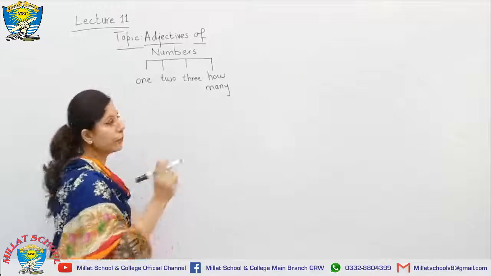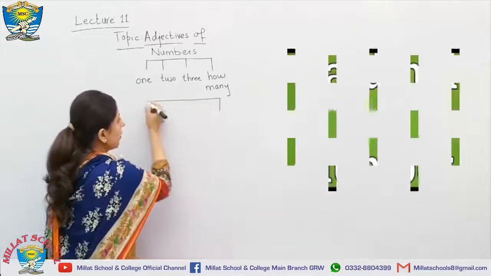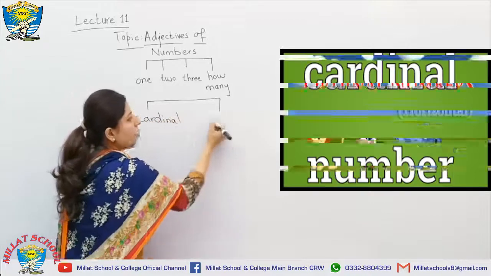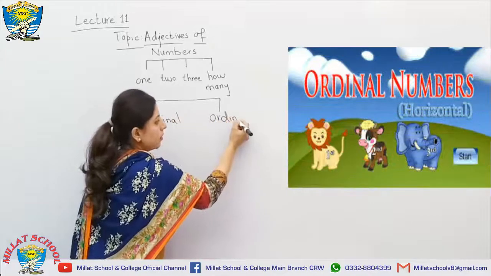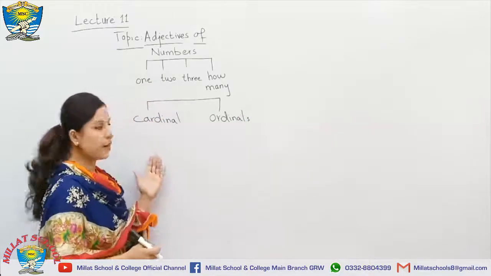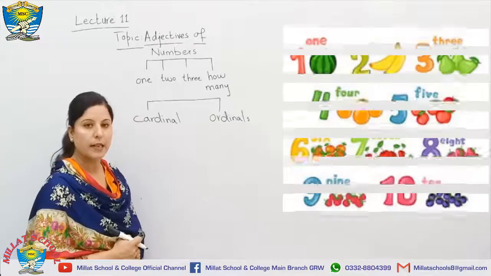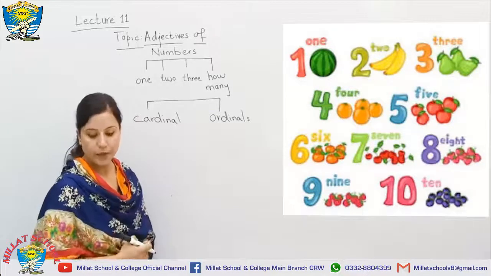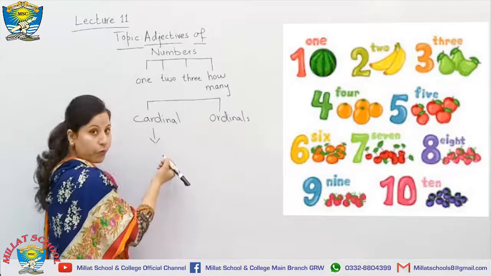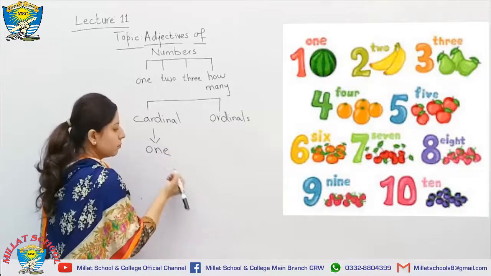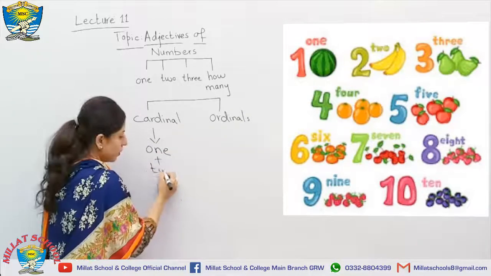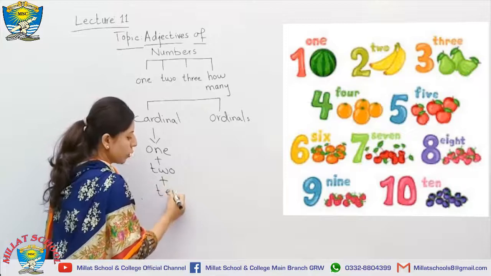There are two kinds of numbers, cardinals and ordinals. These are the two categories. The cardinals. What are the cardinals? That is going to be the first example of it, like the digit numbers from 1 onwards, 2 or any number of your choice.